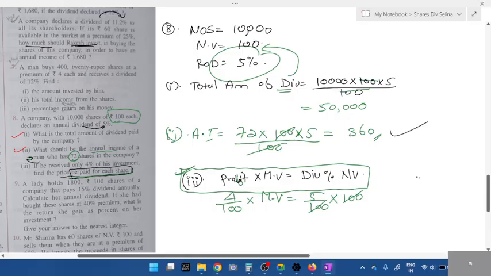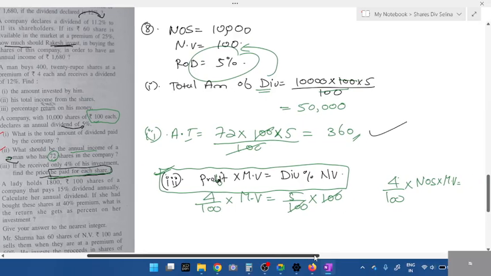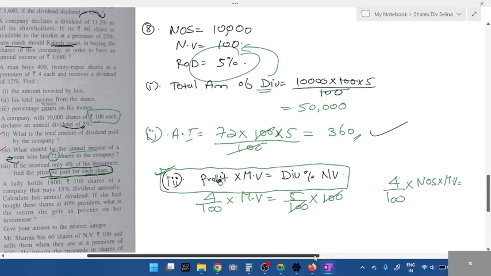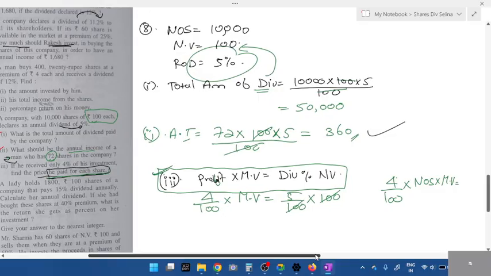Just a minute. If he received only 4 divided by 100 into investment, that is number of shares into market value. Yeah, complete this, students.